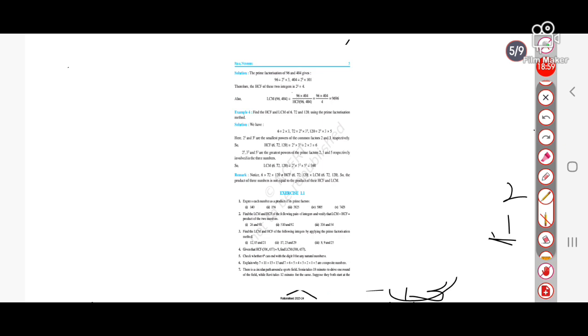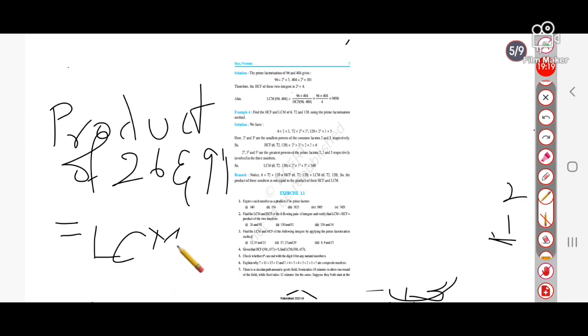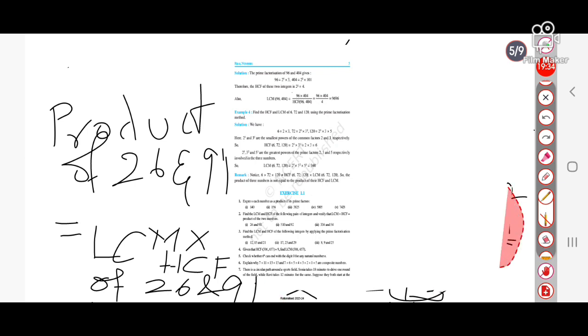You need to write this at the end of the answer: product of 26 and 91 is equal to the LCM and HCF of 26 and 91. Yes, this should be your end answer after solving the entire thing.